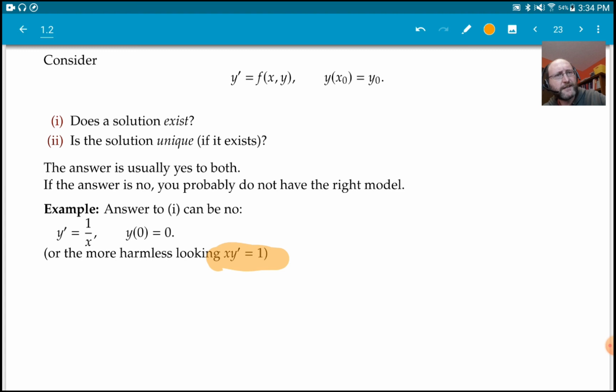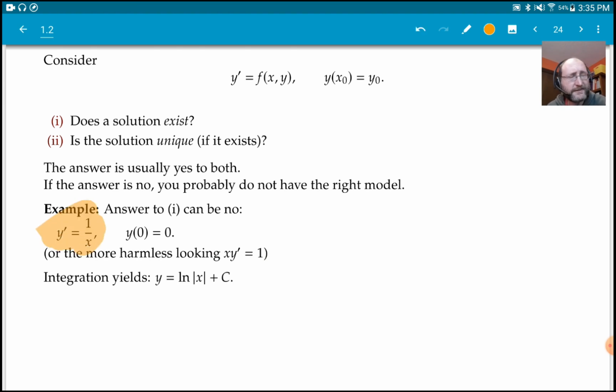So, all right. Well, we can integrate this, right? This is an integrable equation. The right-hand side is just a function of x, right? And the integral is the natural logarithm of x, plus some constant, right?